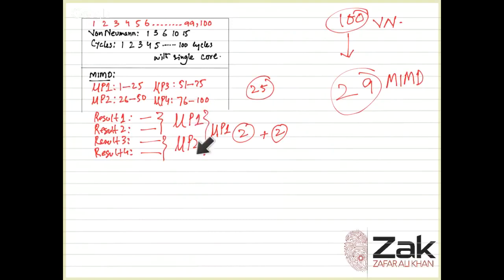Their results would come, these are 25 cycles, these are 2 cycles, and then these 2 final outputs will be given to one processor. All right, so how many cycles are these now? 29.